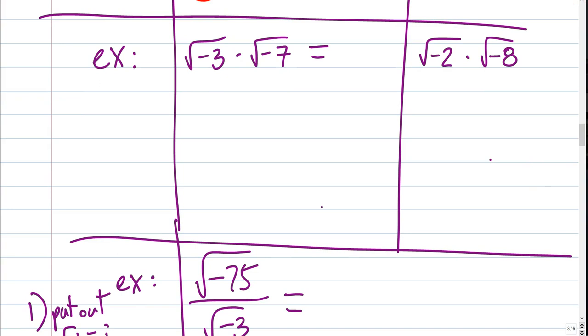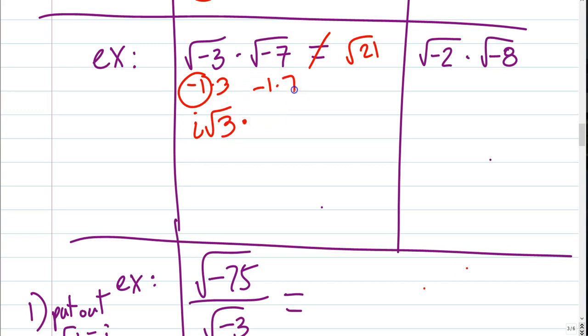This is tempting to multiply these together and go square root of 3 times square root of 7, square root of 21. This is utterly wrong, though, because we just saw that imaginary number times an imaginary number is not positive. This is wrong. It's tempting. Don't do it. What is this really? Well, the square root of negative 3, negative 1 times 3, out comes a what? Square root of negative 3 is imaginary. What's the square root of negative 7?